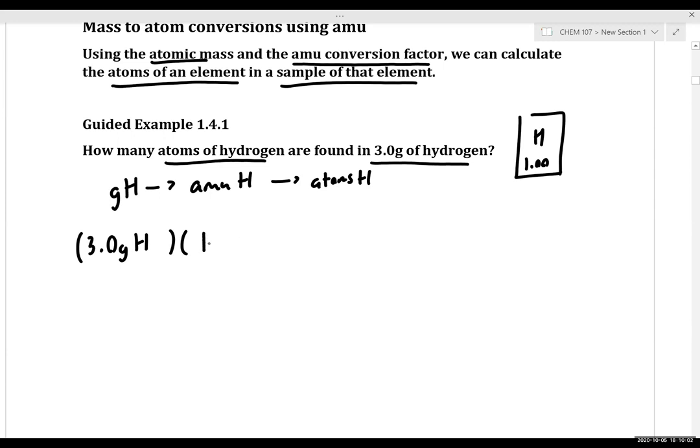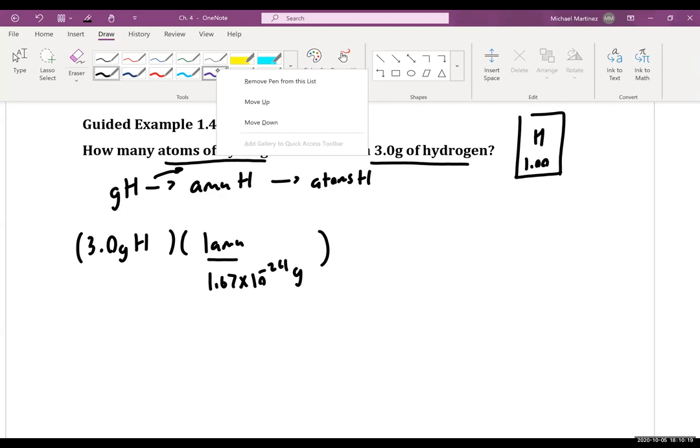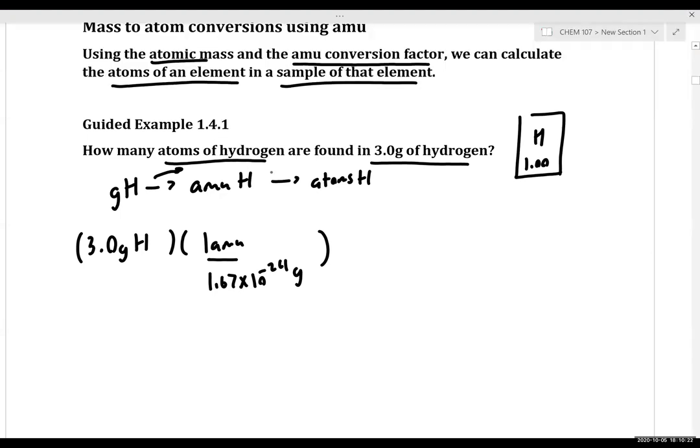If we have 3.0 grams of hydrogen, we know that in 1 AMU, we have 1.67 times 10 to the negative 24th grams. AMUs are on top because we're converting to AMUs. Next, going from AMUs to atoms, in 1 atom of hydrogen, we have 1.00 AMUs.